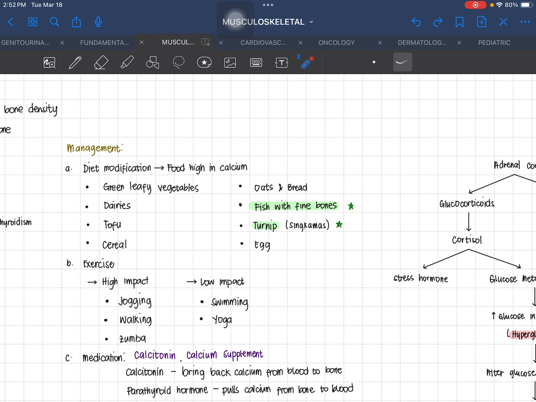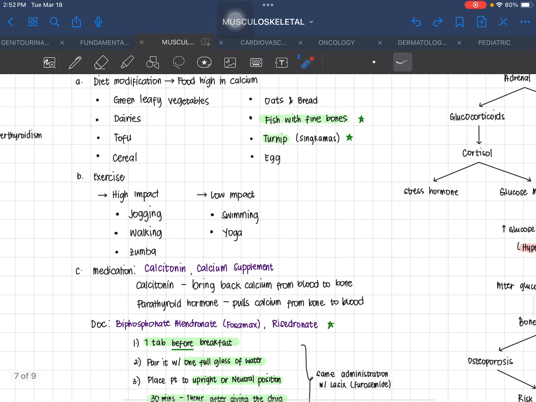Tapos, tatandaan natin, fish with fine bones, and then turnip o singkamas. Again, tandaan natin yung fish with fine bones, and then turnip o singkamas. Also, we advise them to do exercise, mapa-high o low impact man.